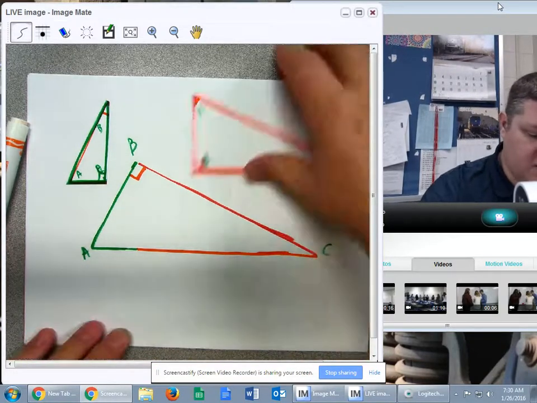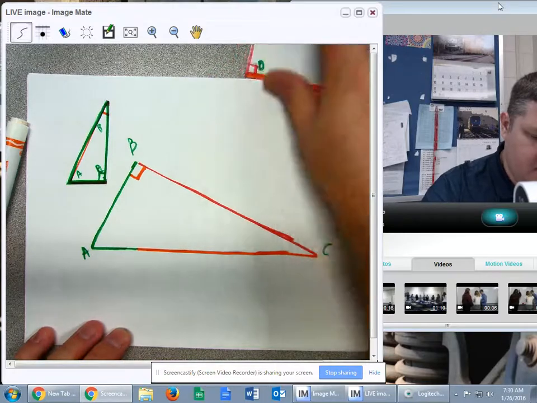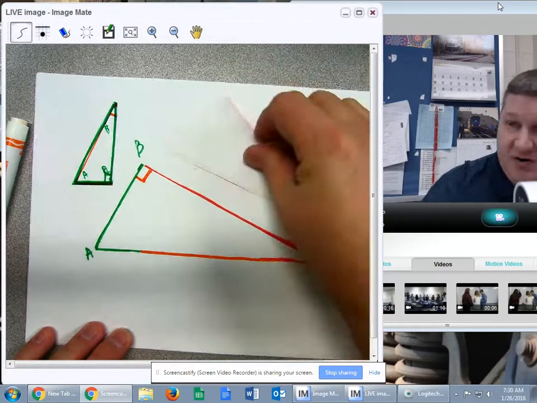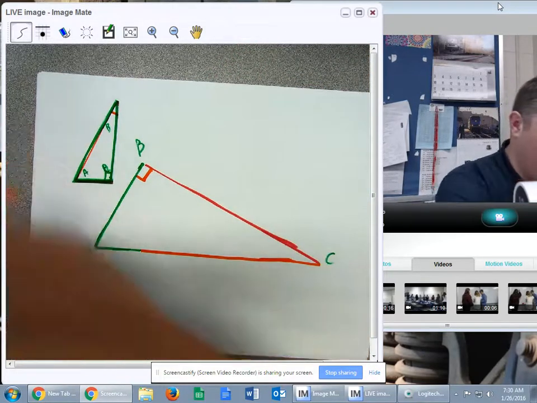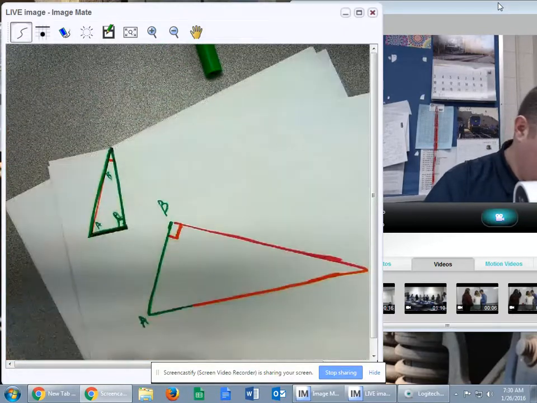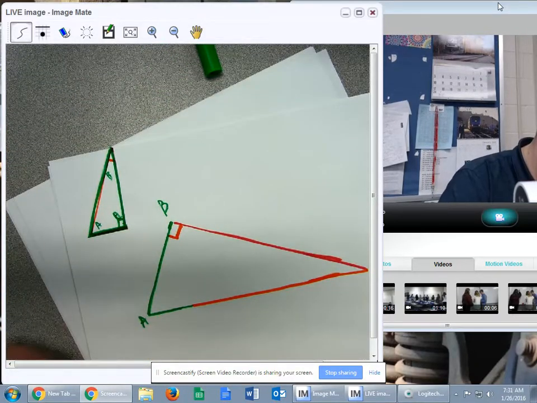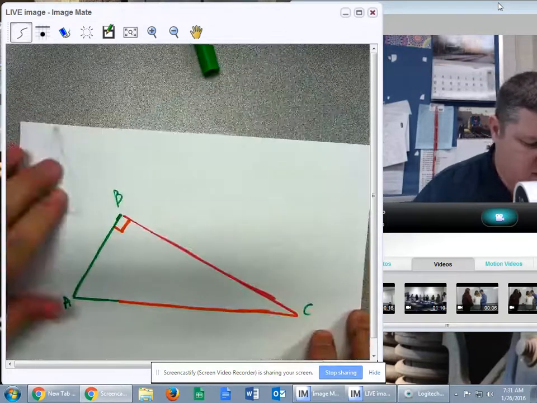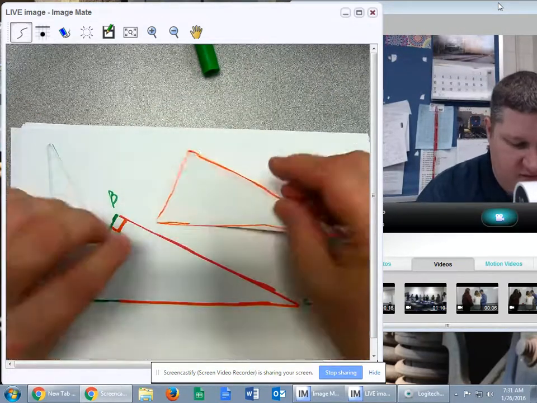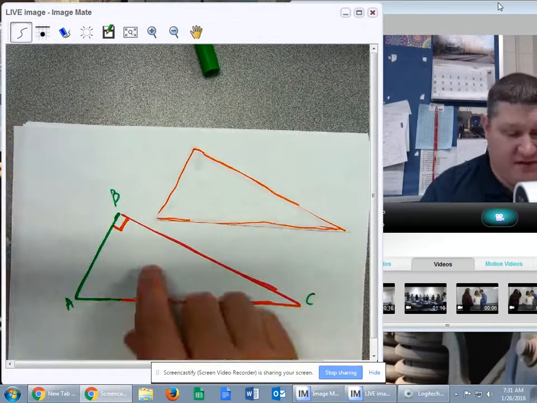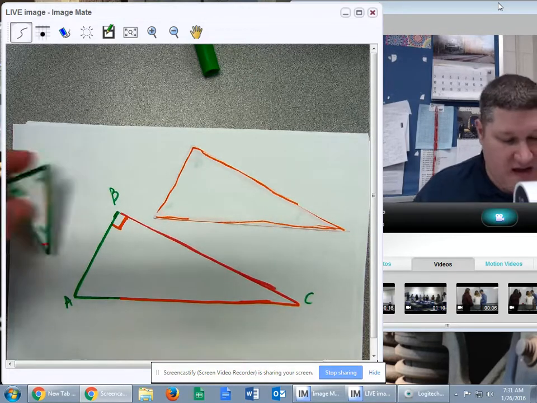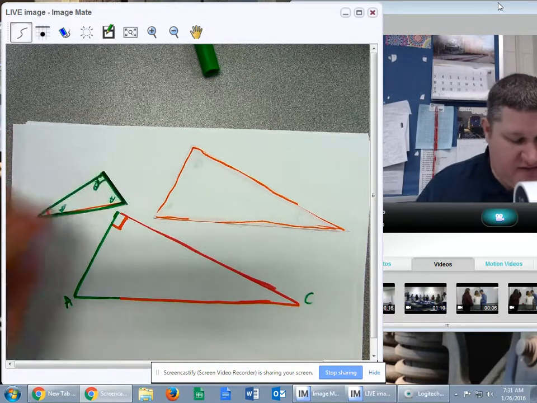If I wanted to, I could do the following. I could take this and flip it over, and let me draw the sides in so you can see it more clearly. There we go. We have this triangle, and we now have this triangle.